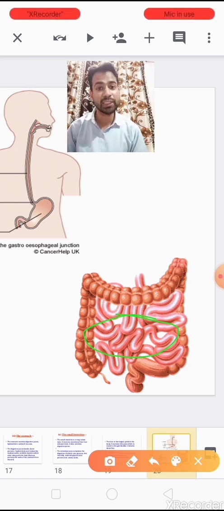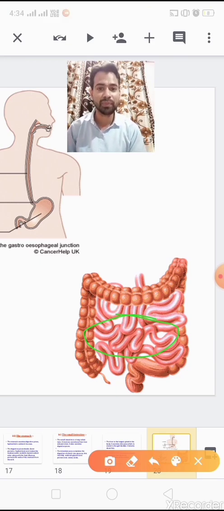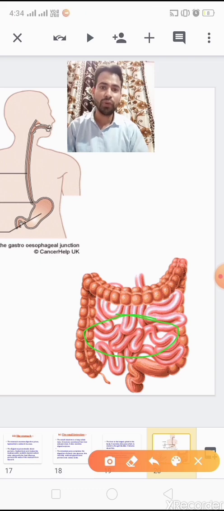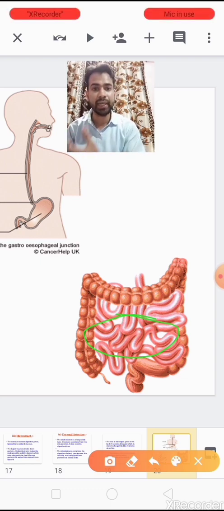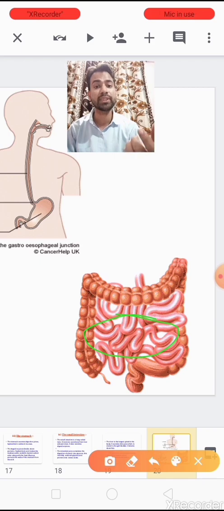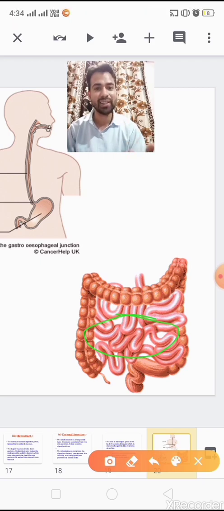So why is the small intestine known as small? You have to find the answer to this question.